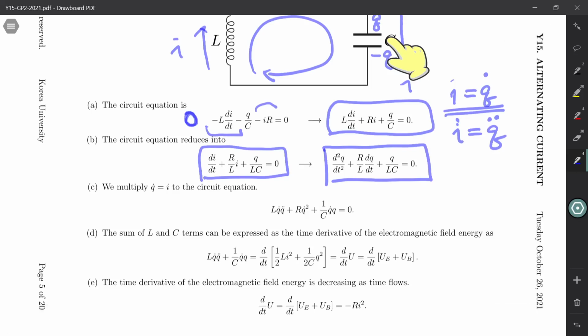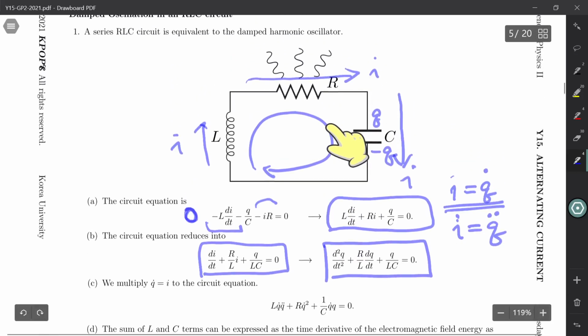The damped harmonic oscillator has the equation F equals minus Kx minus B x dot. Here B is the damping coefficient.